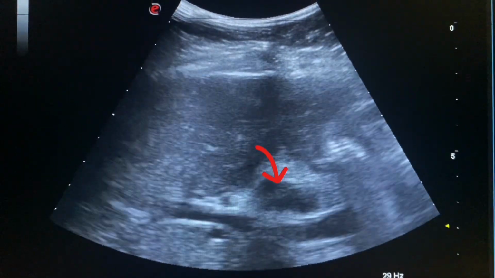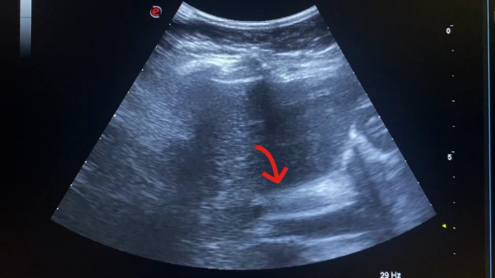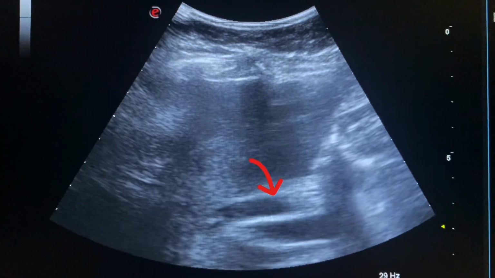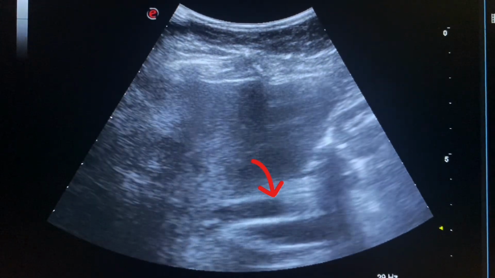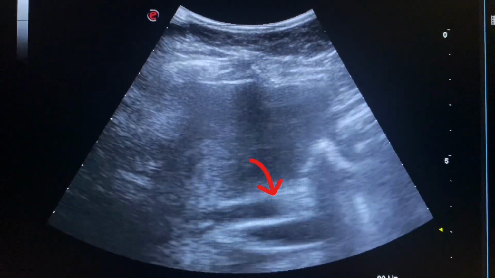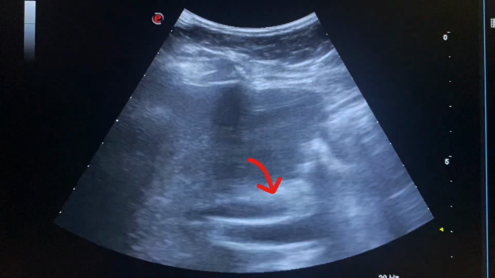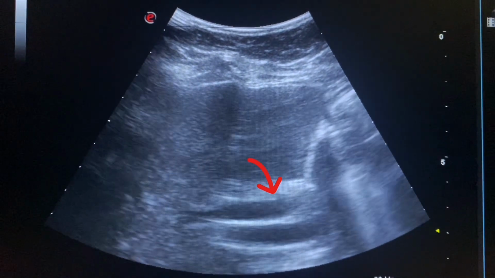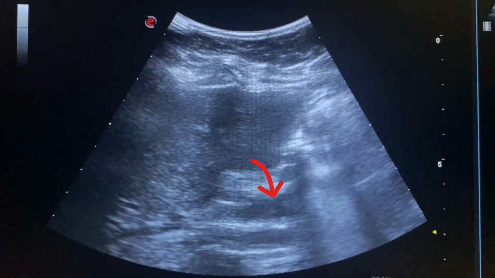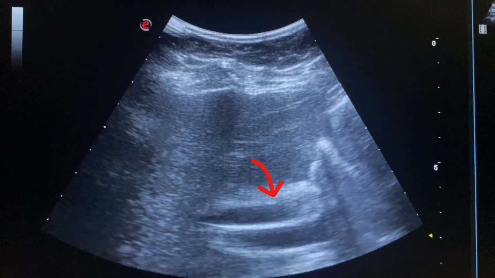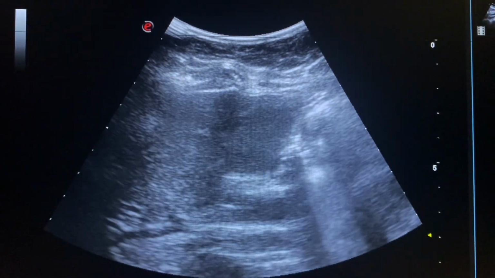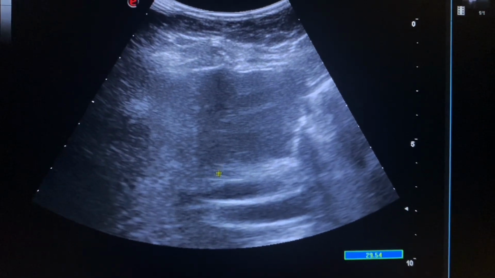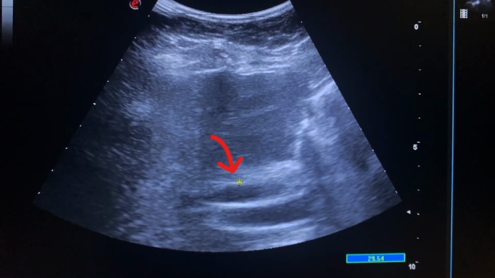Now we will scan the common bile duct. This is the portal vein and this is the common bile duct, which is also prominent and appears to be dilated. So we will measure the common bile duct.